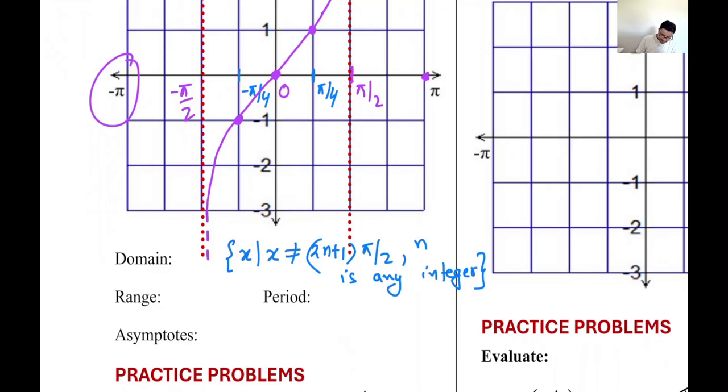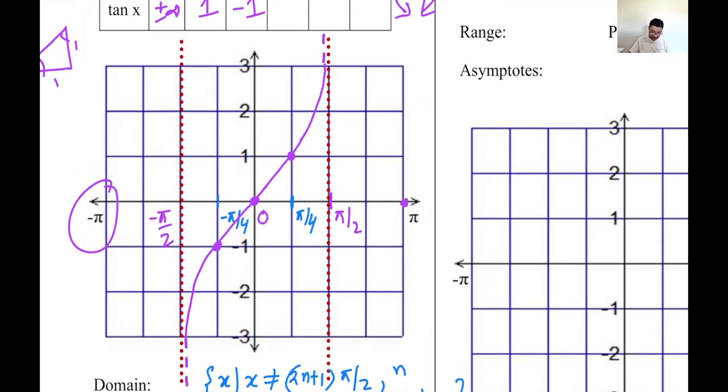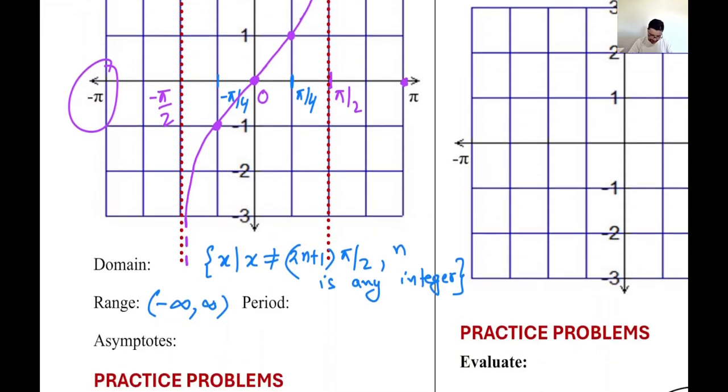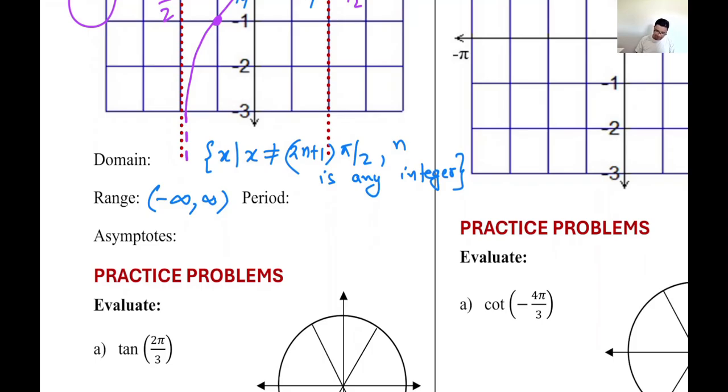The range is everything, interestingly. And remember, look at the graph and see it. You take all possible values from negative infinity to infinity vertically, and there is no break or anything in between. So all numbers. Range is all of them. The period is of length pi. Very important. Why?